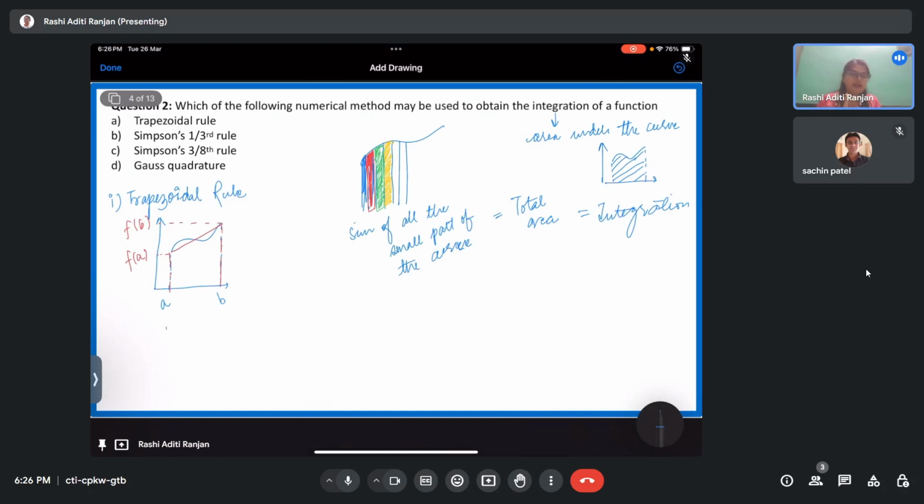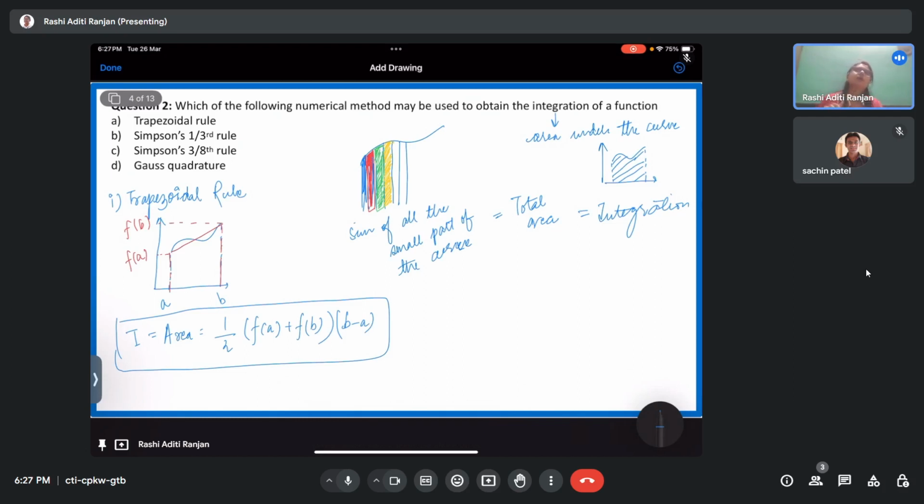So area is 1 by 2 into sum of parallel sides, which is f(A) plus f(B), into distance between them, which is B minus A. This gives me the trapezoidal rule, and by this I get the value I. So this is what the trapezoidal rule is.